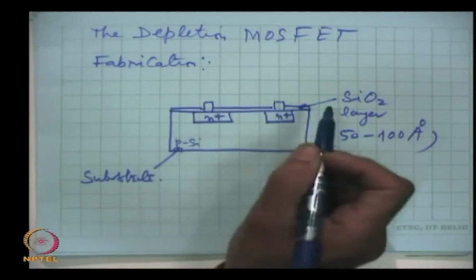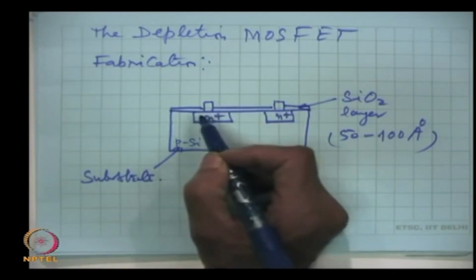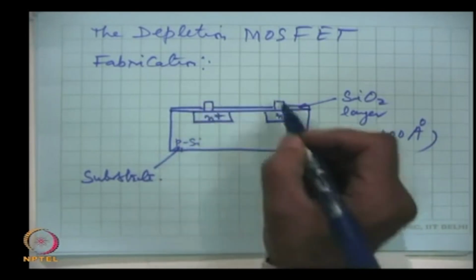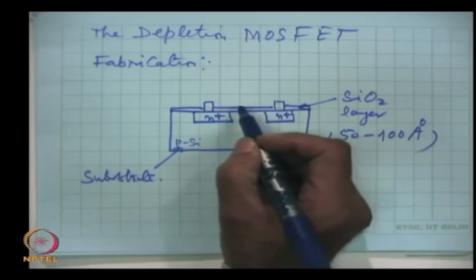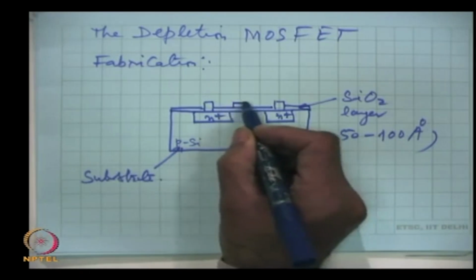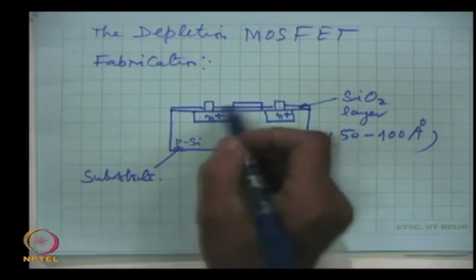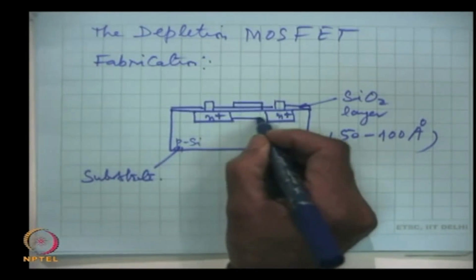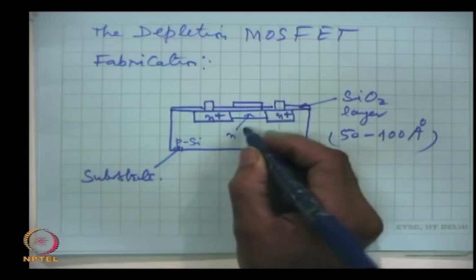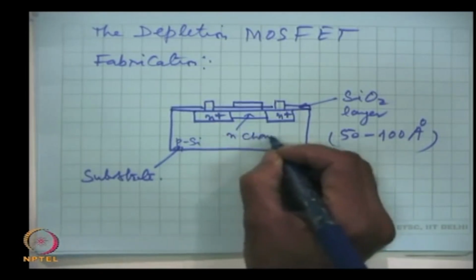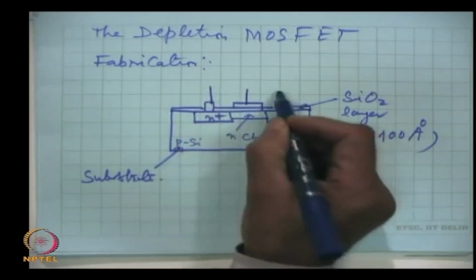Then two windows are obtained by etching, that means from the two regions here and here the oxide layer is etched, and metal electrodes are put. These electrodes normally are of aluminum, and one electrode is put here. Before all this is done, a channel is implanted here. This is the N channel which is implanted, and these are the three electrodes.